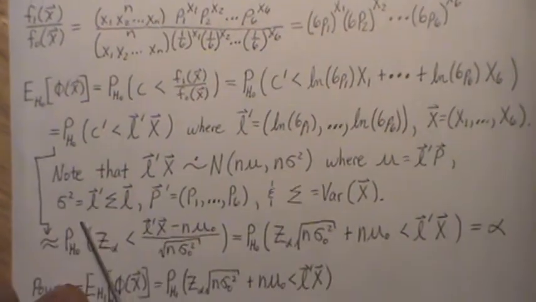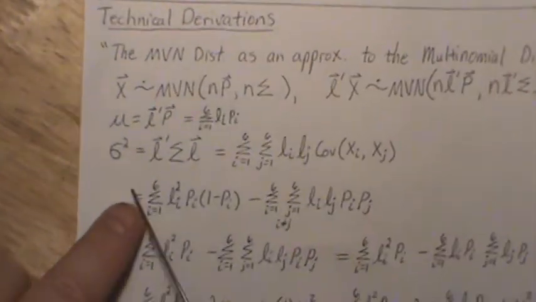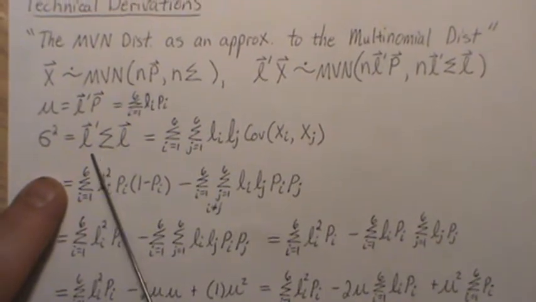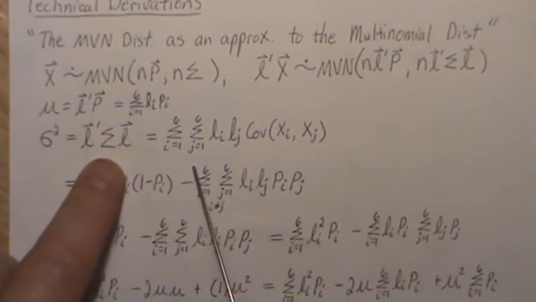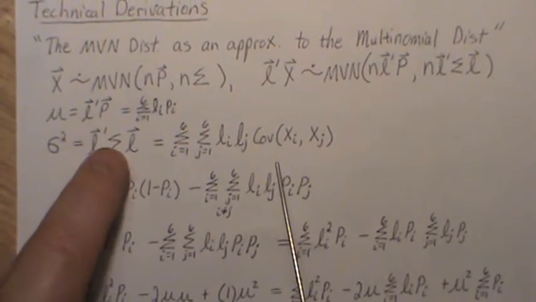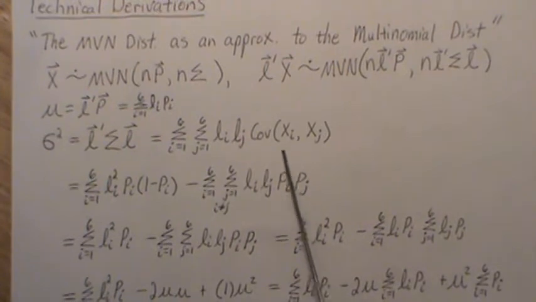Now to look at the sigma squared, which in the previous notation is here. So sigma squared is L transpose sigma L, which, since this is a quadratic form, is just this, where sigma is the covariance matrix.